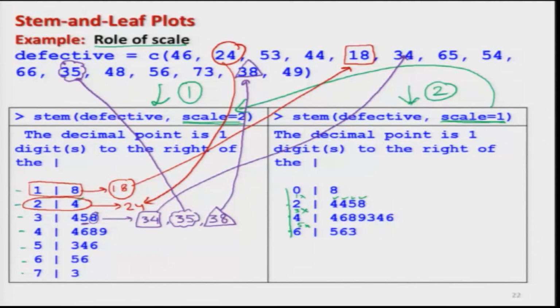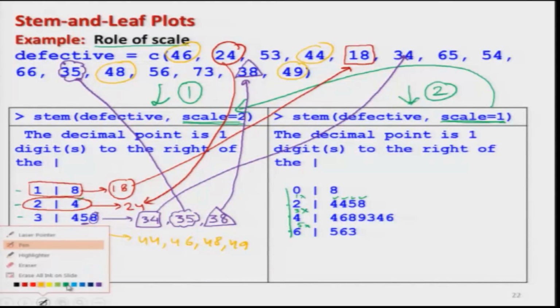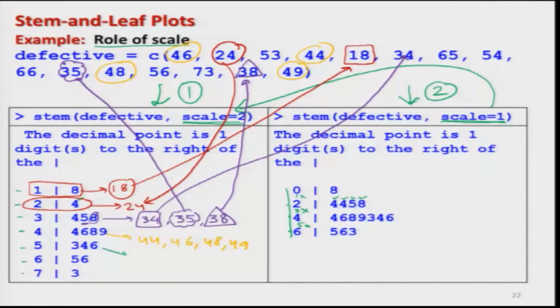Similarly, if you interpret the fourth line, this number is going to be 44. It is actually representing 4 values, 44, 46, 48 and 49, and you can see that these values are also present in this data. Similarly, if you choose other values, you can see 53, 54 and 56, and these are again given in the data set.